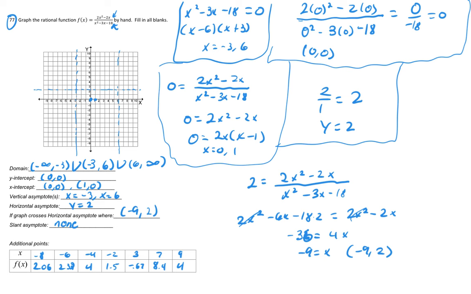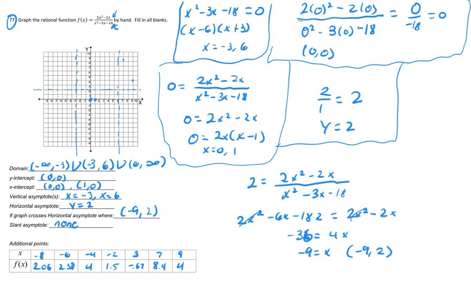So 9, 4, 7, 8.4, 3, and -0.67, so not quite to -1 there.